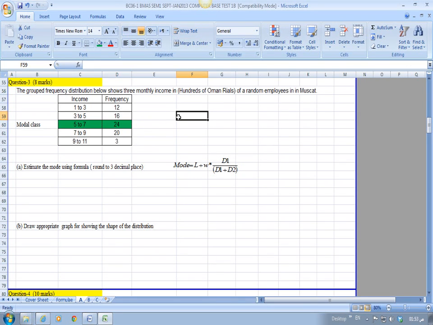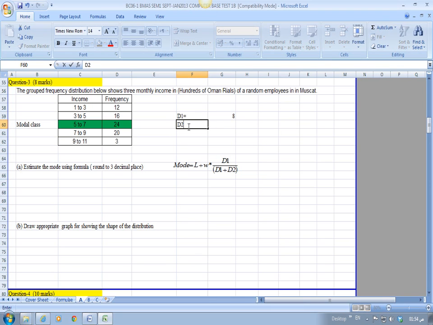So here D1 equals what? D1 is equal to 24 minus 16. It means that 24 minus 16 is equal to 8.